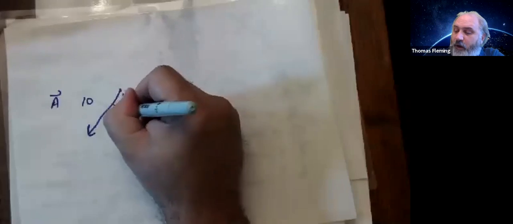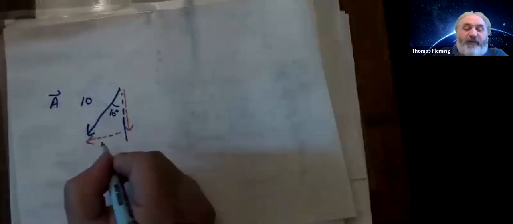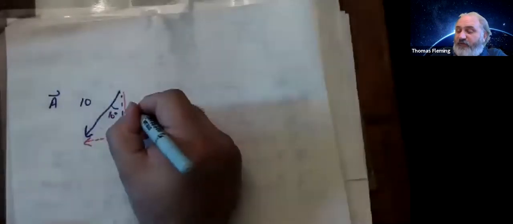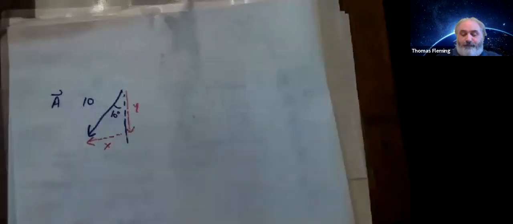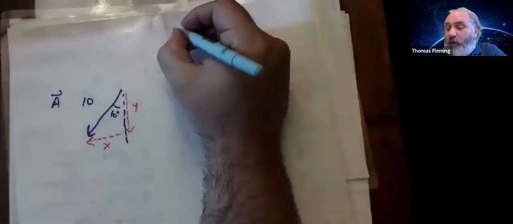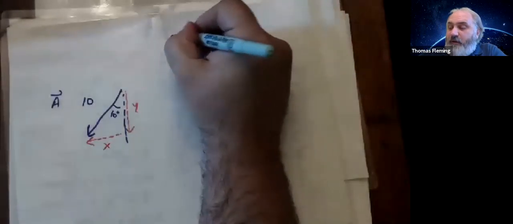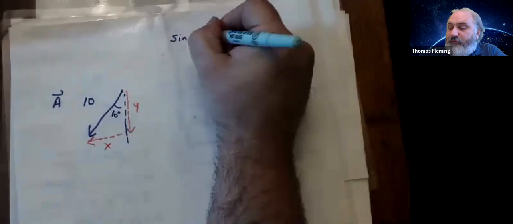So I would imagine that I'm getting this vector by drawing one component that's in the y direction only, another component that's in the x direction only, so this is my y part, that's my x part. And I go to break that down. And I know that I'm going to use sine and cosine both, so I'll start with the sine of 10 degrees.